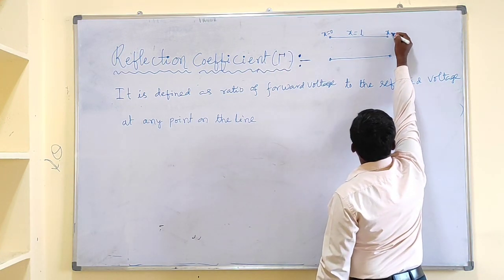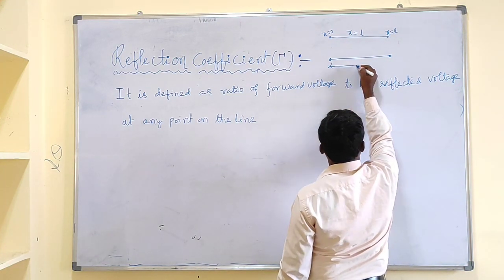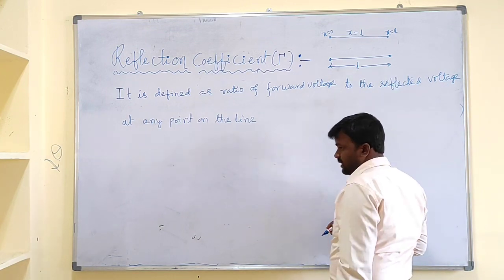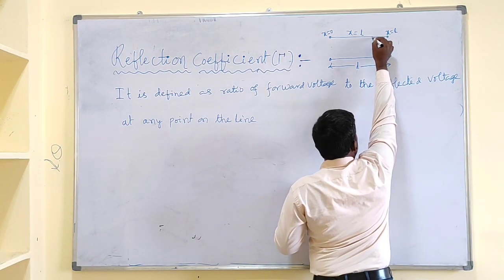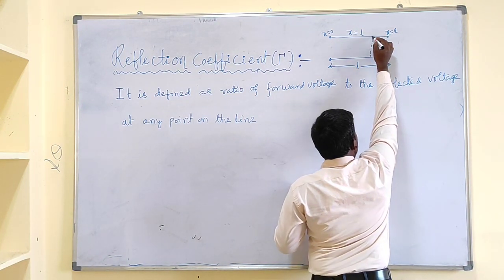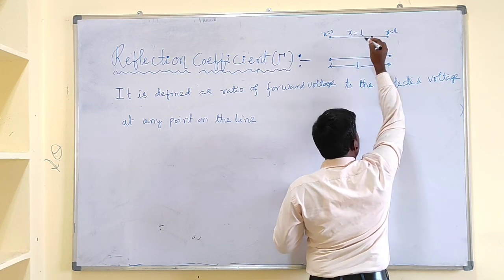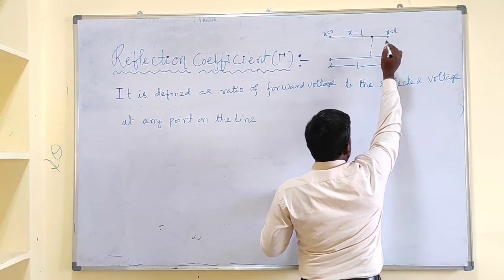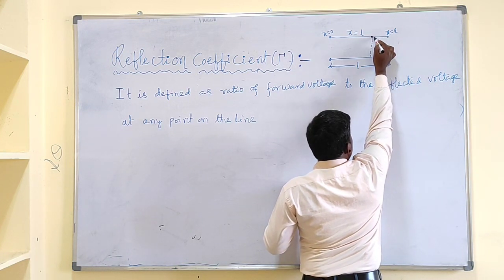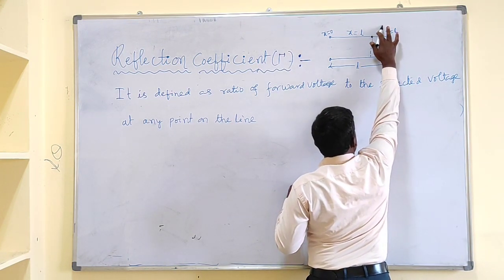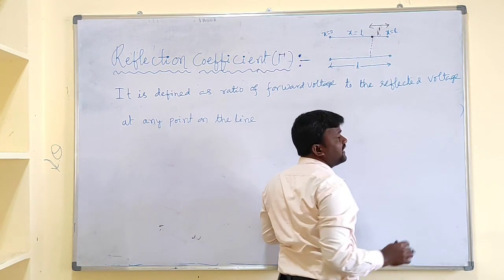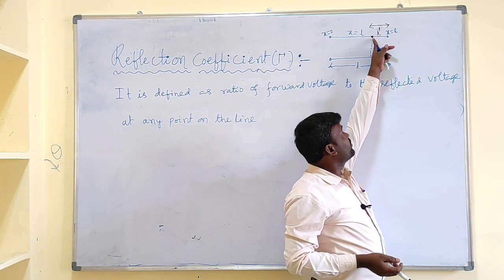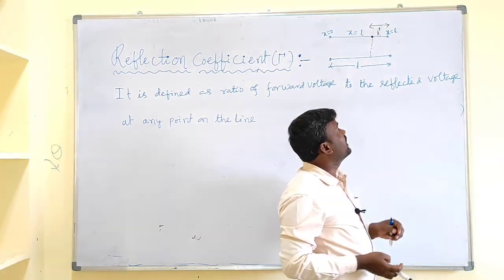At the load end, the x value is L. The total length of the line is L. If you want to determine the reflection coefficient at a point, let us take a point like this, and take its distance as L dash from the load end. That means this point is L dash distance away from the load end.